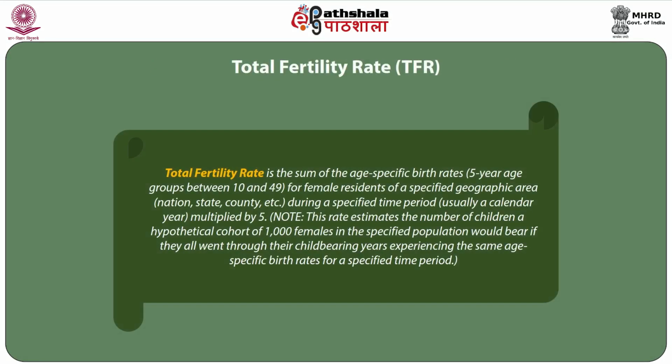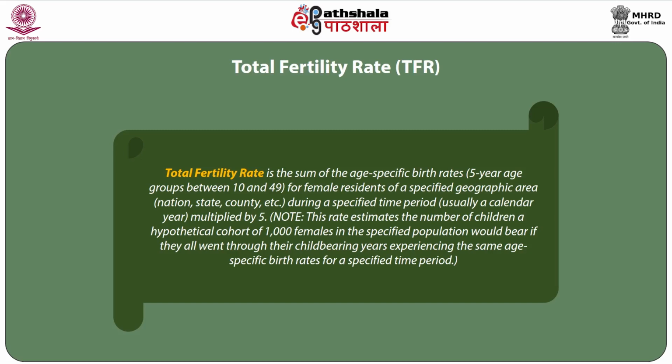Let's look at the calculation for total fertility rate, usually referred to as TFR. Total fertility rate is the sum of the age-specific birth rates, that is 5-year age groups between 10 and 49, for female residents of a specified geographical area, whether it be a nation, state, country or other similar geographical region, during a specified time period, usually a calendar year, multiplied by a constant of the 5-year interval.